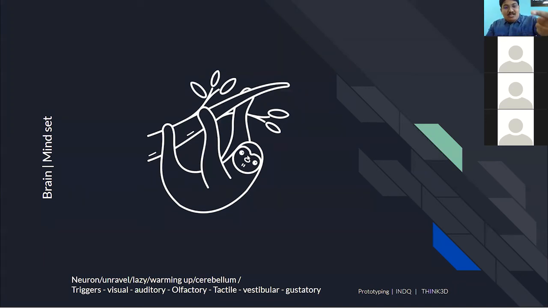If I'm showing the sloth, you're consciously putting in an effort to understand and interpret it as a sloth, meaning not just the visual area of your brain and the logical brain, the frontal part of the brain, but at least 4 or 5 connections have to be made for you to interpret that it is a sloth, right?